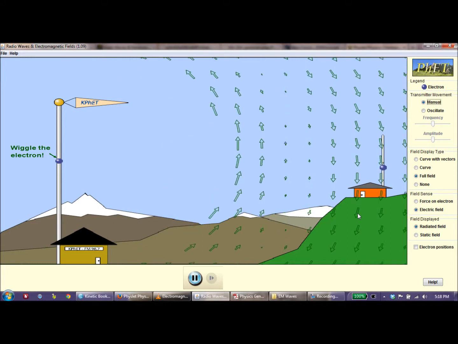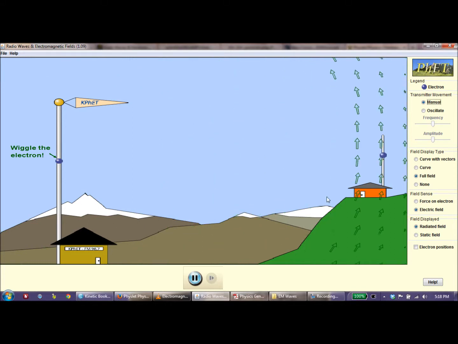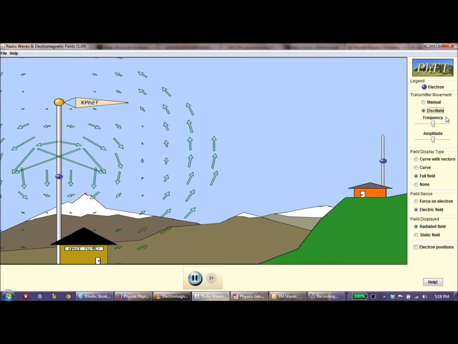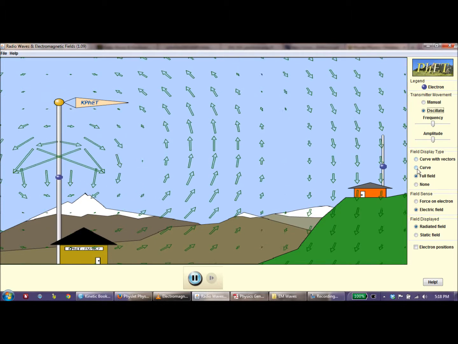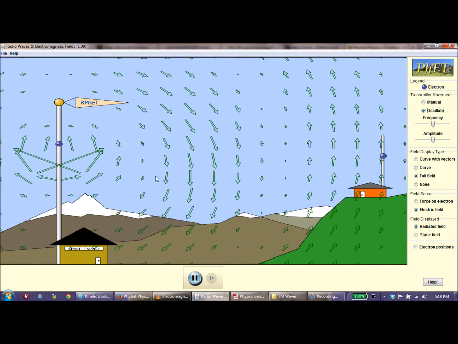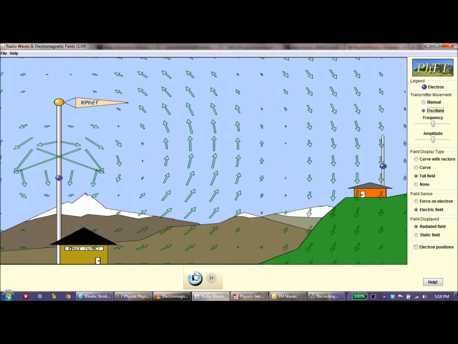I'm going to stop it for a second, and you can see that wave is still traveling there. It moves at that constant rate. Now if we oscillate that, it starts creating that field spreading out from it. But as it spreads, we have that lessening of it.